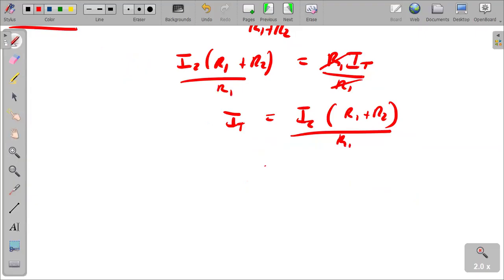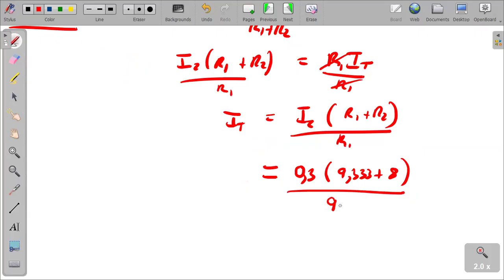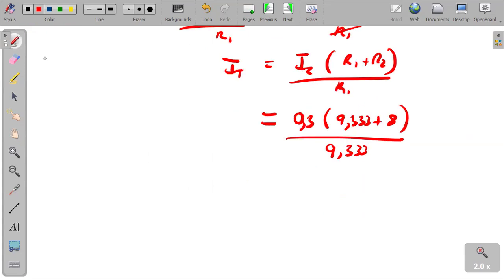I2, we have it already, that's 0.3, multiplied by 9.333 plus 8, which we are indicating as R1 and R2 in this case, divided by 9.33. You realize that you arrive directly at the same answer, 0.557 amperes. So there are many ways of killing a cat.